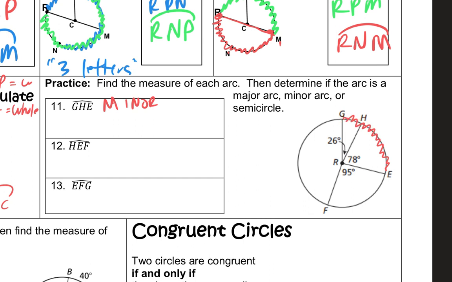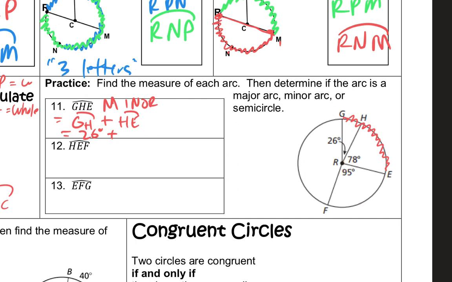Now, what do we know? GHE is going to be equal to GH plus HE. Well, how much is GH? GH is 26, so that's 26 degrees plus HE, which is 78 degrees.